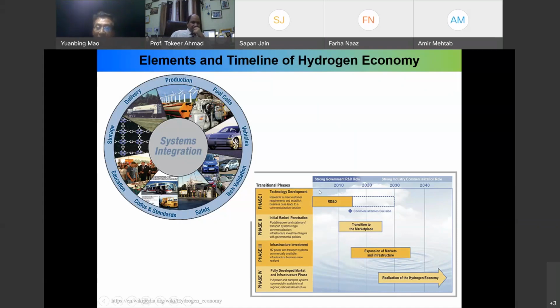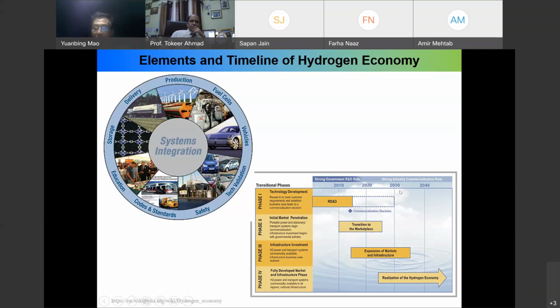And then this figure shows the timeline of a hydrogen economy. Around 2010 the R&D should be done, right? But around 2015 there should be a commercialization decision, and then around 2020, right now, it should transition to the marketplace.